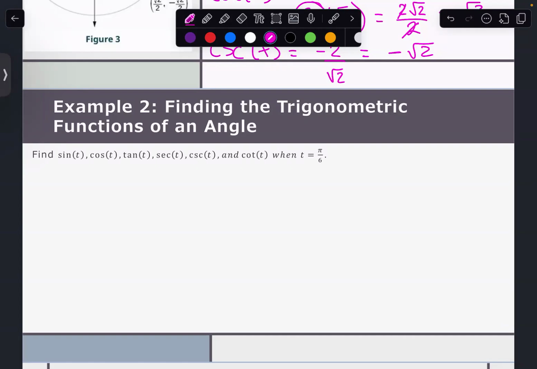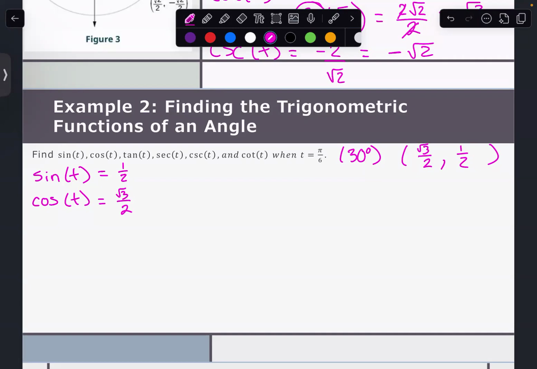Pi over 6 is actually 30 degrees. 30 degrees is where our cosine is square root of 3 over 2, and sine is 1/2. So again, I already know these just from knowing the coordinates on the unit circle. So 1/2 for sine and square root of 3 over 2 for cosine.